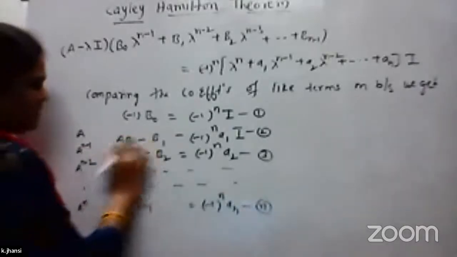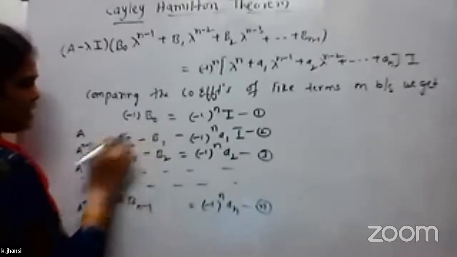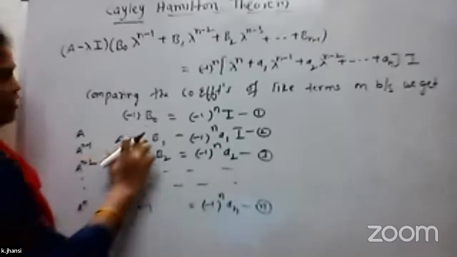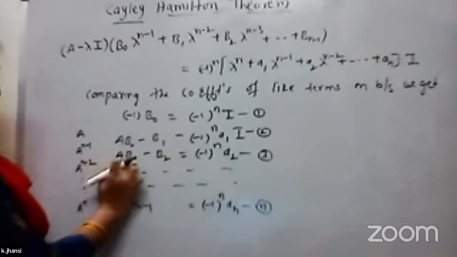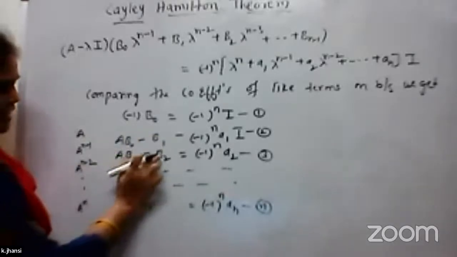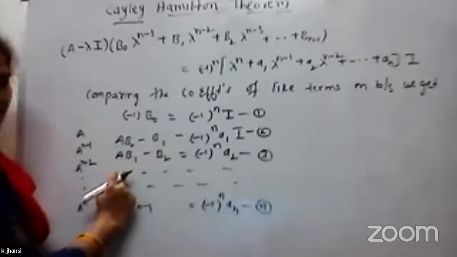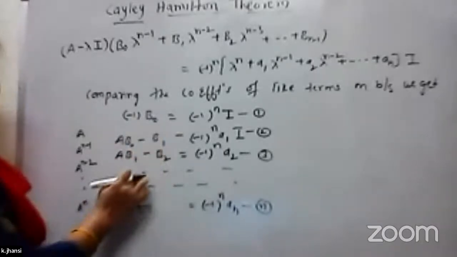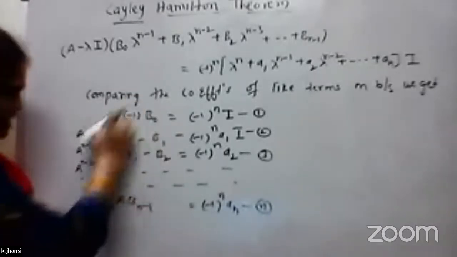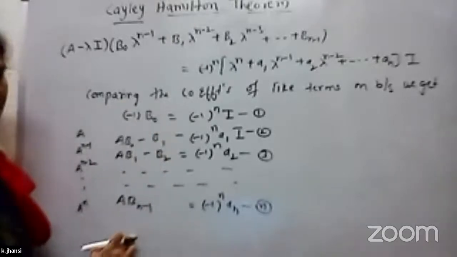When you multiply with this, you will get the same terms, then you can cancel those terms. Here if you add a, you will get ab1. This is plus ab1. Both will get cancelled. Next here ab2, and the next term you will get ab2, so both will get cancelled. Like that, whatever terms you are getting, all will cancel and this part will be equal to 0. Only the remaining part will be left.